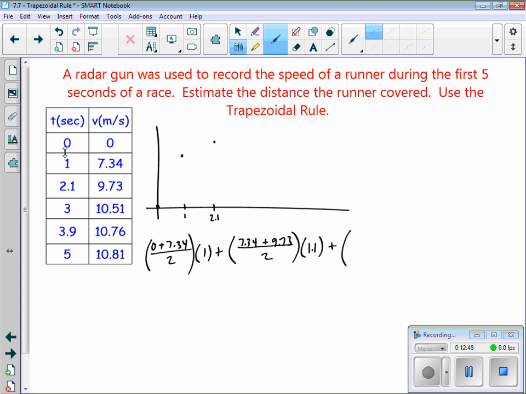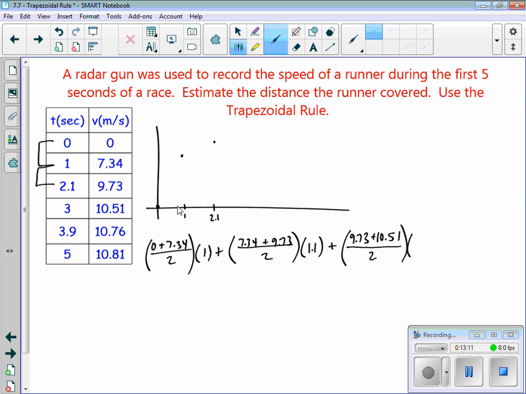Okay, so then the next one, so we did from here to here already. We just did from here to here. So the next one would go with these two values, 9.73 and 10.51. And I'm going to actually have you guys do this one out, so if you're ahead of me, that's fine. You can use your calculator.